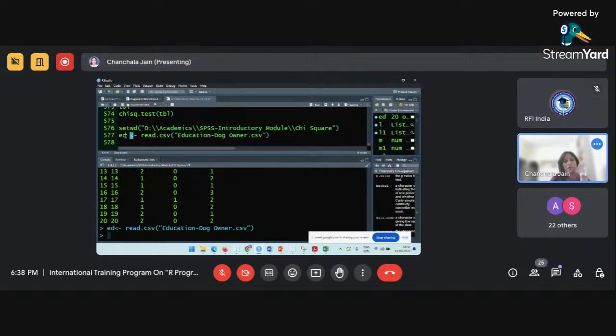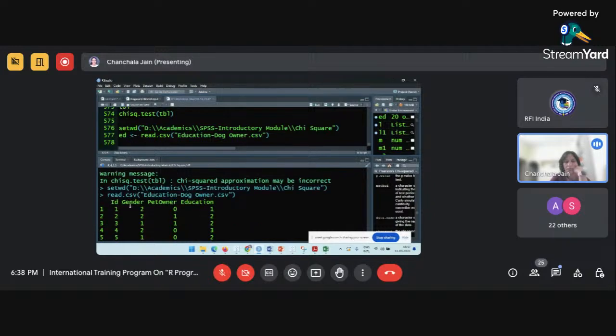Done. As you can see, we have three different categorical variables available: gender, pet ownership, and education. Now, if I want to check whether pet ownership is independent of gender or not, that means I need to work on gender and pet ownership.